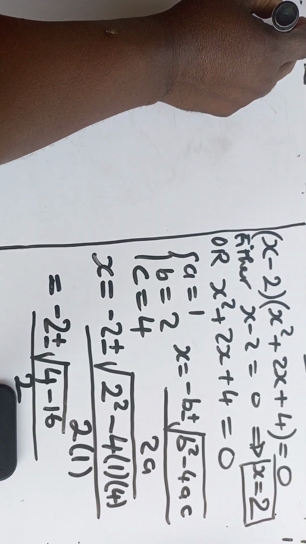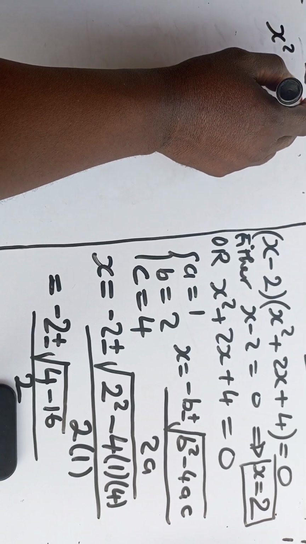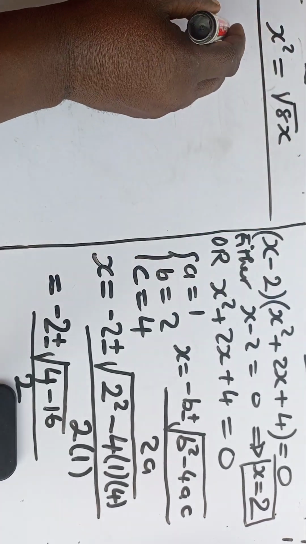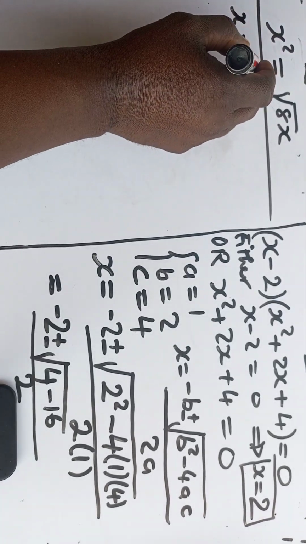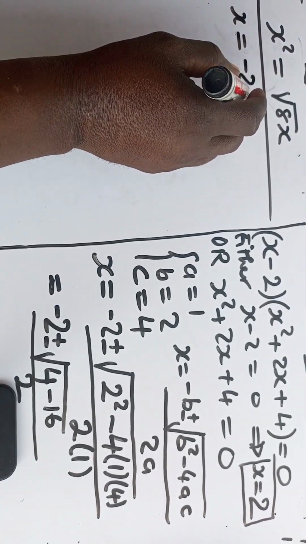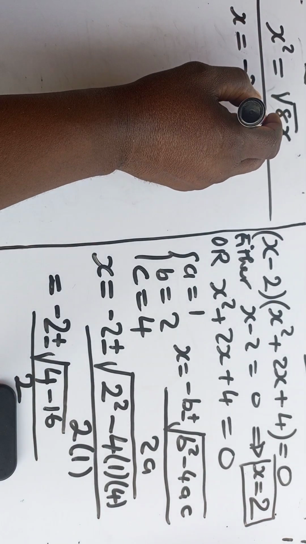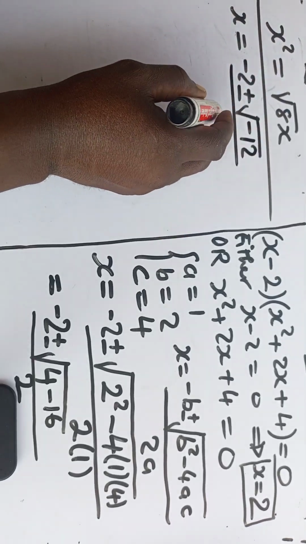Our equation was x squared equals root 8x. So we have x equals negative 2 plus minus, 4 minus 16 is negative 12, so we have root of negative 12 all over 2.